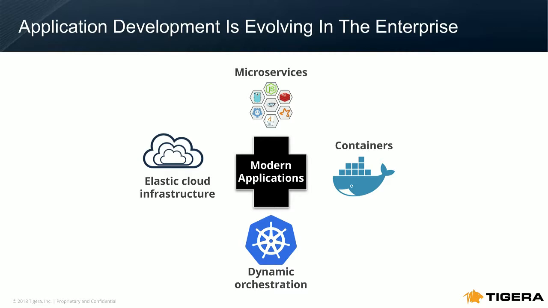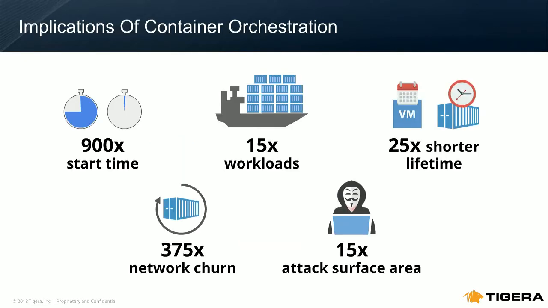So what does that mean in reality? Going to the next slide. What that means in reality is that containers, being lightweight, have much faster start times, and they have much shorter lifetimes. So whereas before we measured VMs and servers in periods of calendars, containers live by wall clock time.